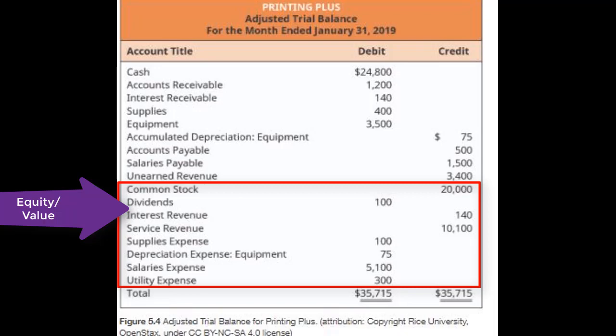But since Chapter 2, we've given more descriptive detail to these changes in earnings. And therefore we have different types of revenues and different types of expenses, where revenues represent increase in value and expenses represent decreases in value.